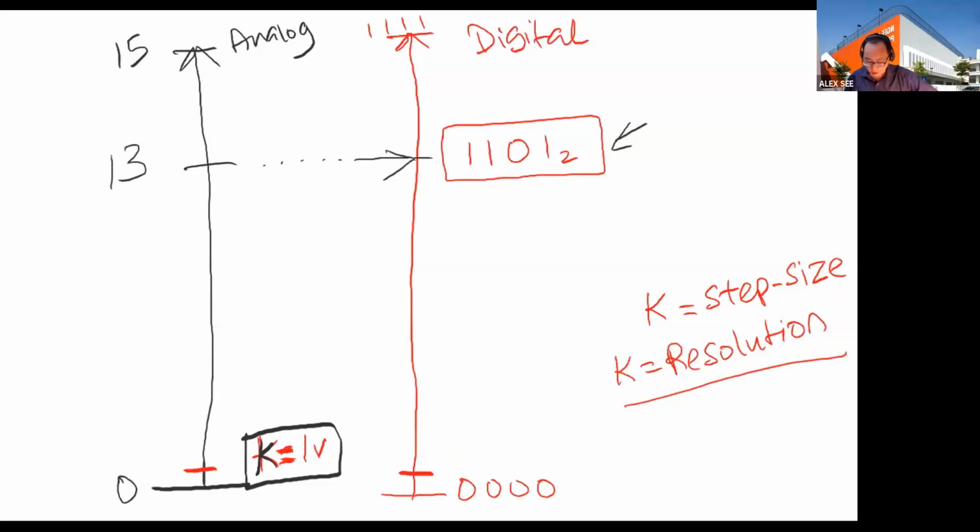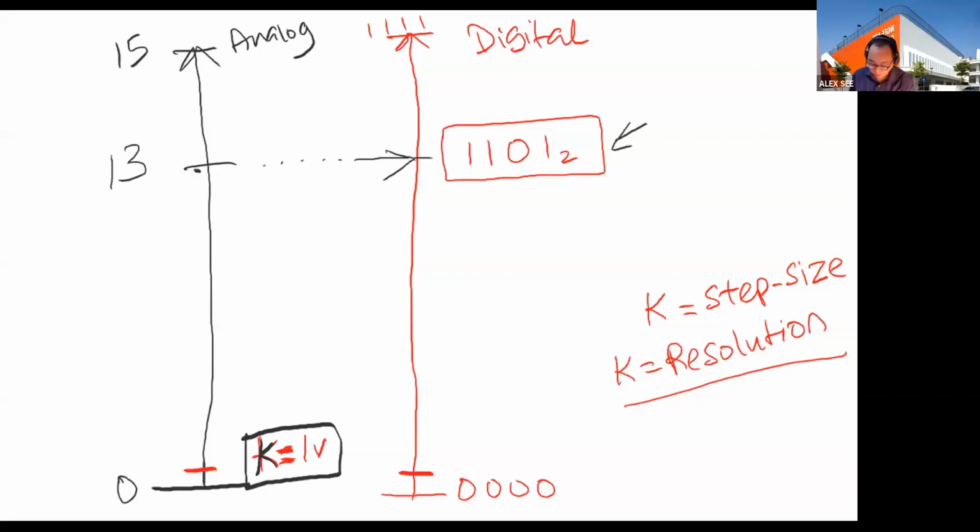You can do it the other way also. If I give you the digital value, you can convert it into the analog value, provided I know what the step size is. So what do we do? Because this is a very simple example, you can convert from one to the other.